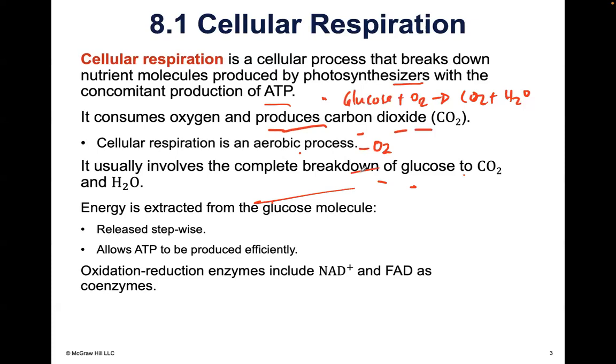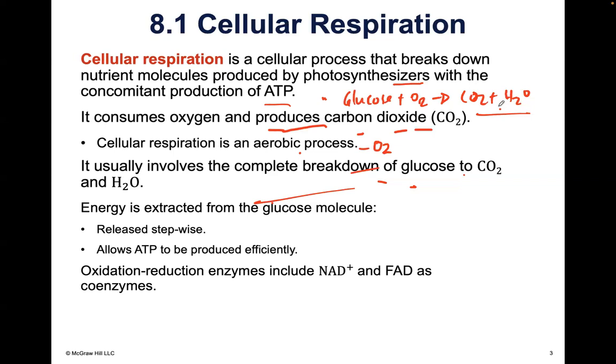So cellular respiration involves the complete breakdown of glucose to CO2 and H2O, and this is what I wrote here. Energy is extracted from the glucose molecule, and the extraction is not something that happens one time.